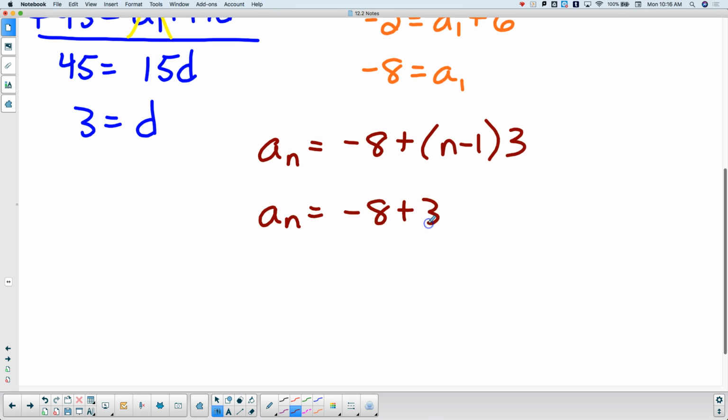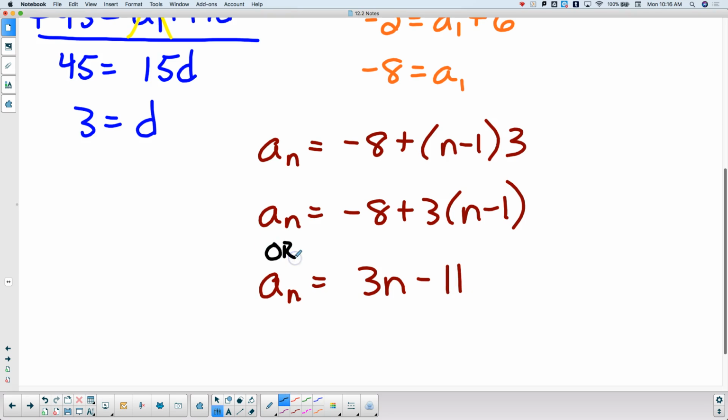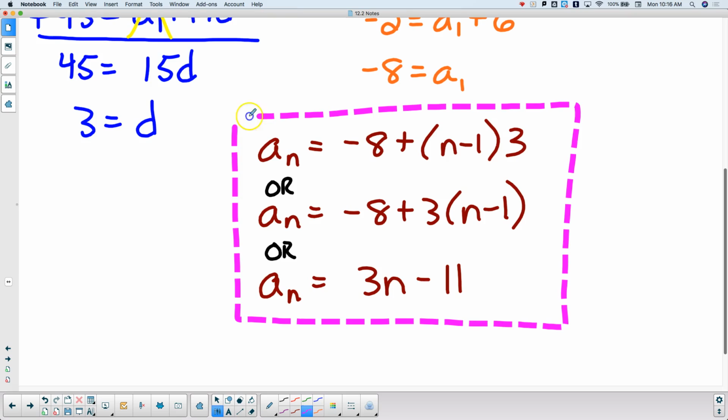Standard: just move the 3 out in front of the set of parentheses. And then we also have our advanced for our higher seeking minds. All three give us the exact same rule.